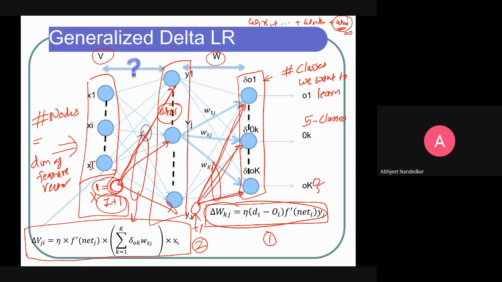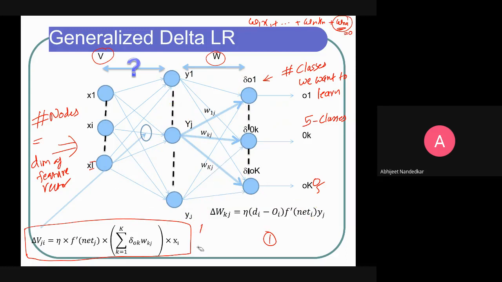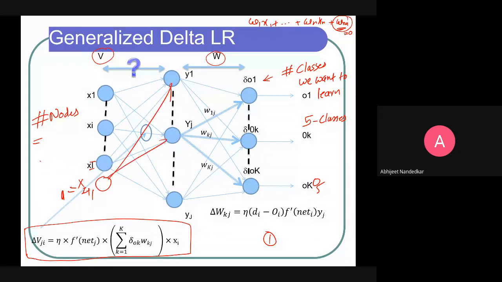So there will be an extra node for each layer that you should keep in mind. I'm not showing it here, but it is there, or you can add it here for your reference. It is I plus 1, and this is connected to 1, so you can add it here and then connect accordingly. There will be one more node here that is connected to everybody. Input to this will be equal to 1.